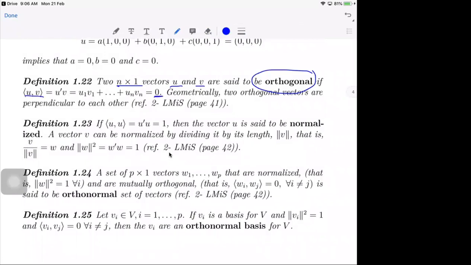Geometrically, two orthogonal vectors are perpendicular to each other. So when you have vectors that are orthogonal in nature, if this is vector u, this is v, and it forms a right angle, then these two vectors are orthogonal.